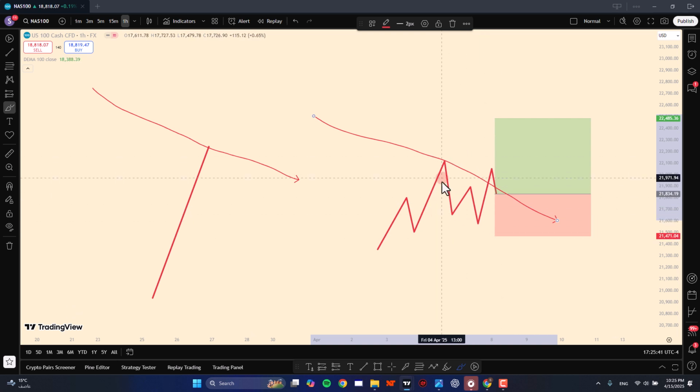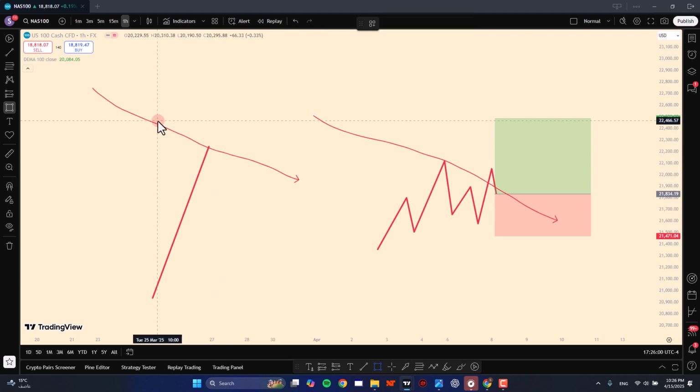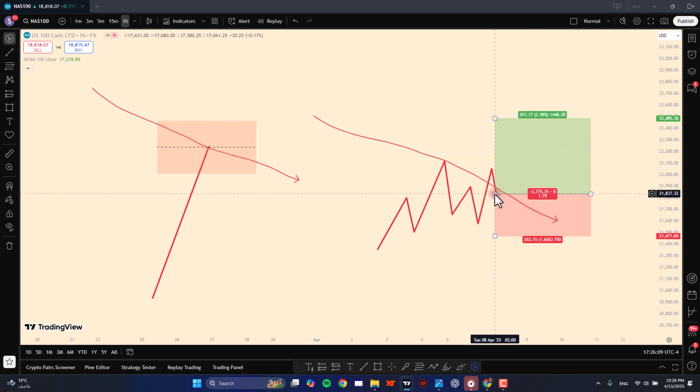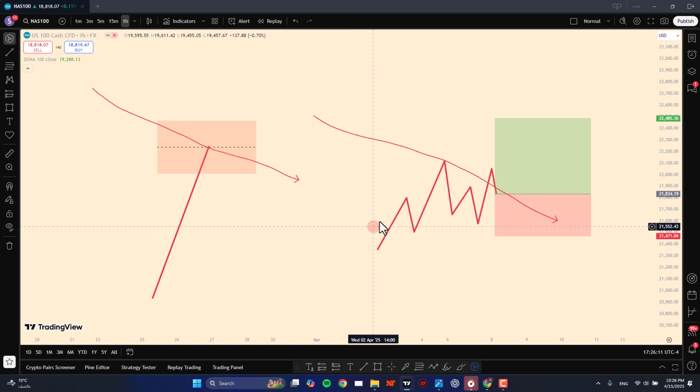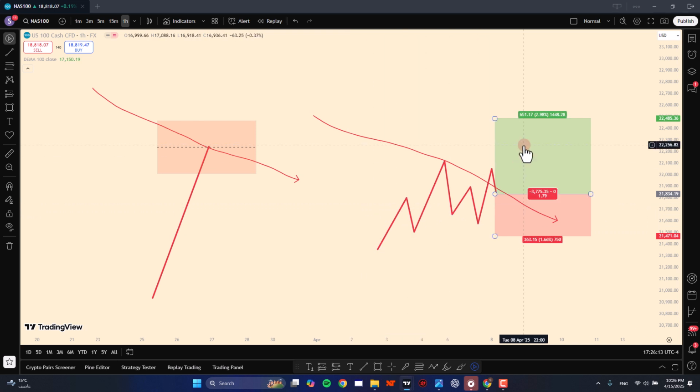So this entry pattern on the lower time frame is happening while, if you go to the 1 hour, price is tapping into the EMA 100. That means that this right here is a no trade zone. There is a high probability that we might see a rejection from here. So simply, I don't take this trade. You can see that I don't use it to take trades. I use it to not take trades.